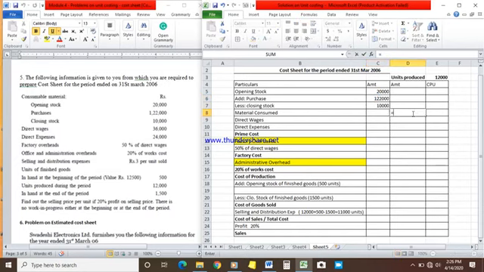So all the material consumed will be $1,32,000. Next is direct wages 36,000. Then we have direct expenses 24,000. So adding all this, we get what is known as the prime cost.